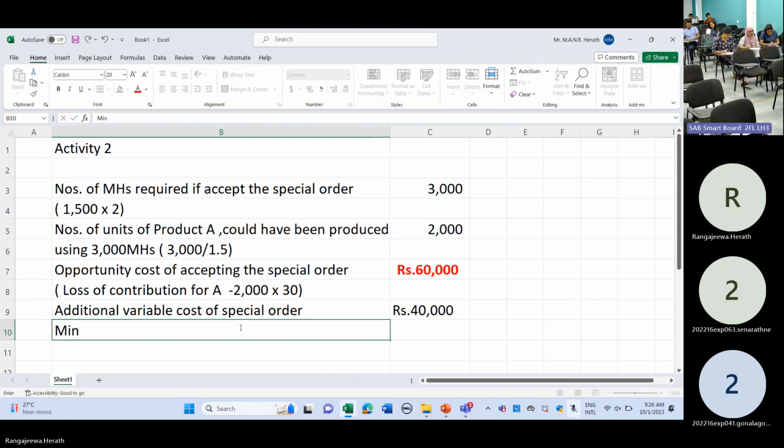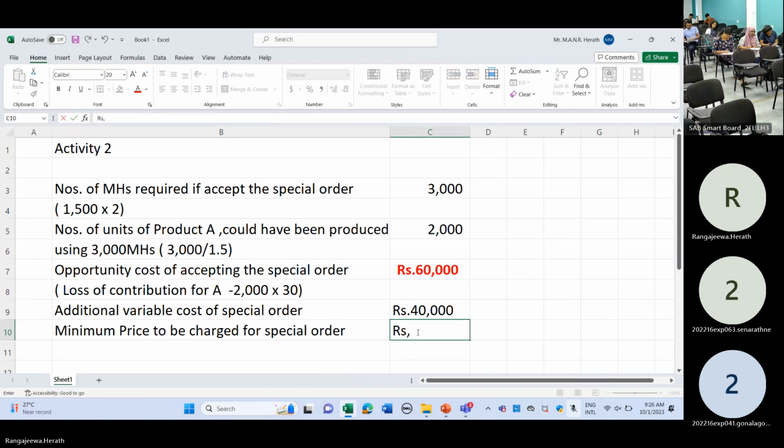Then the minimum price we charge for the special order, 100,000, to be able to cover the full cost.